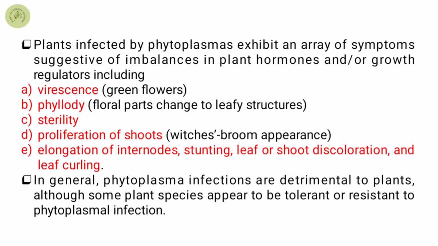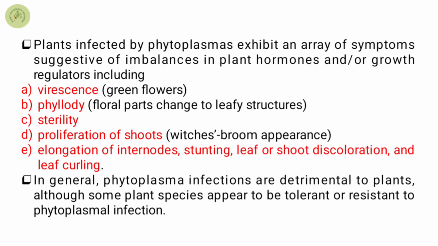Among those symptoms, first is virescence. Virescence means production of excessive green colored flowers. Second is phyllody. Phyllody means that instead of normal floral parts, they get converted into leafy structures. Third is sterility, which basically means they will not have any fertile condition and will turn sterile.